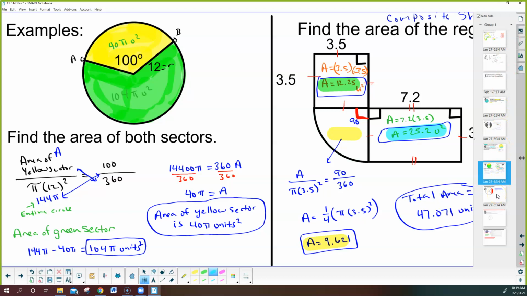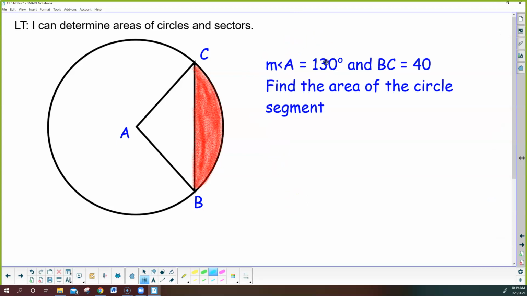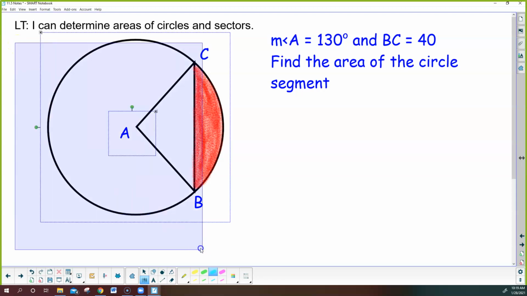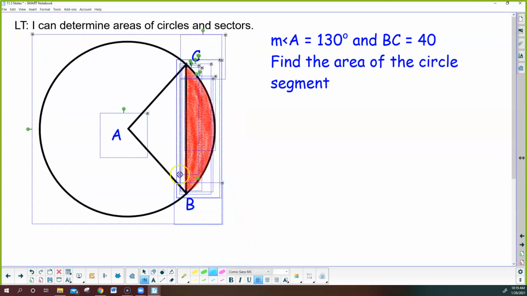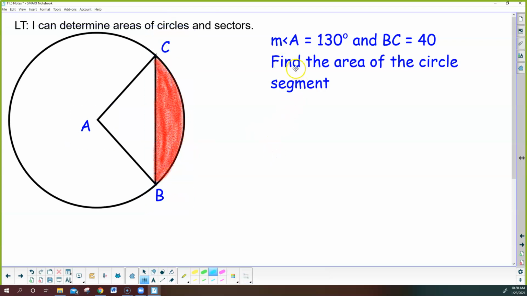We got one more. Actually we got 2 more, but this one is one more we're going to do together. And this might be the hardest that this style of problem can get. So I remember this being on a test a couple of years ago, and it was one of the ones that our students really struggled with. So let's pause for a moment so you can draw this.